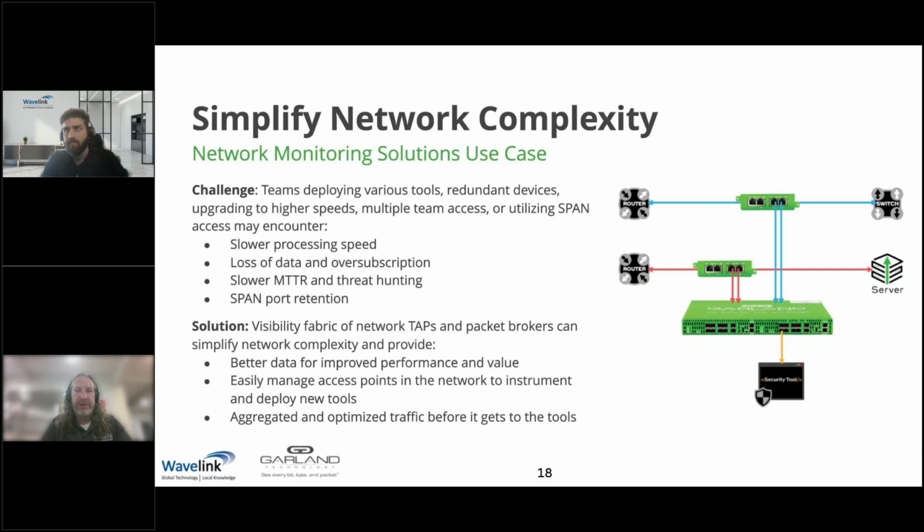And you can also utilize a packet broker and start doing some additional functions as well, in terms of having the capability to do some load balancing, or maybe there's certain traffic you don't want to monitor. You have the ability to do some filtering as well. So this really simplifies your deployment, so you have a permanent copy of your traffic on your network to send to any security and monitoring tools.